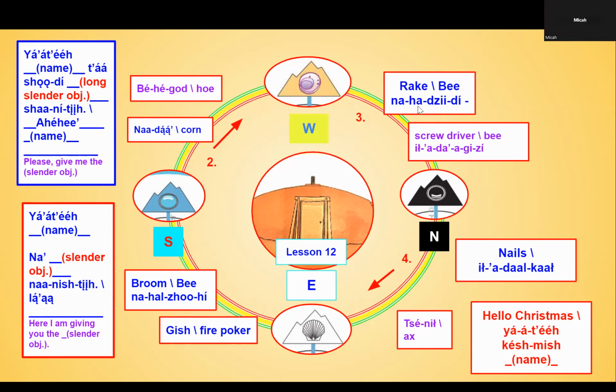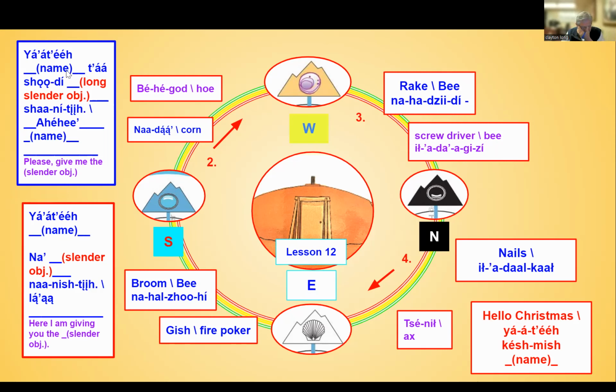Dex. Na benahadize na nishti. Hey, Micah. La. Oh, perfect. Perfect. Love it when it's done. It's done and done.